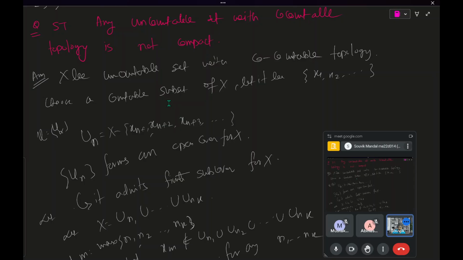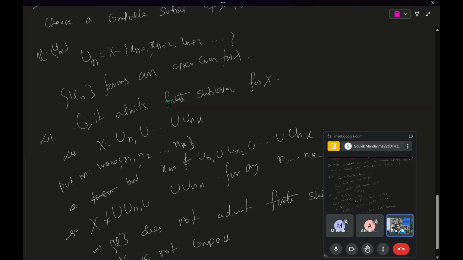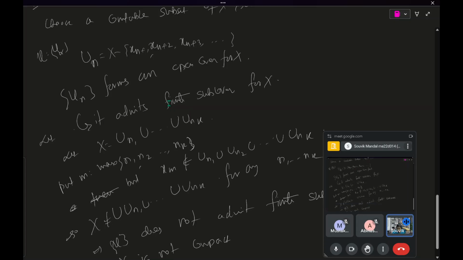We can choose a countable subset of X, call it x1, x2, ..., xn, and Un is equal to X minus {x(n+1), x(n+2), ...}. Then Un forms an open cover of X. Suppose it admits a finite subcover of X. Then X equals Un1 union ... union Unk. Now we put m equal to the max of n1, n2, ..., nk.